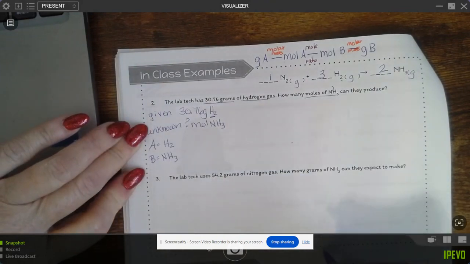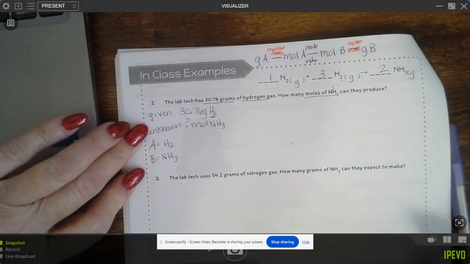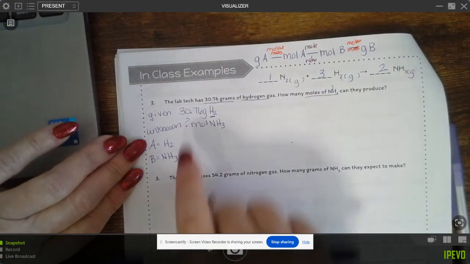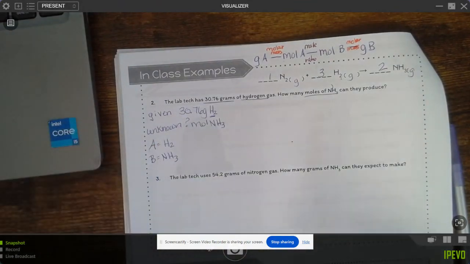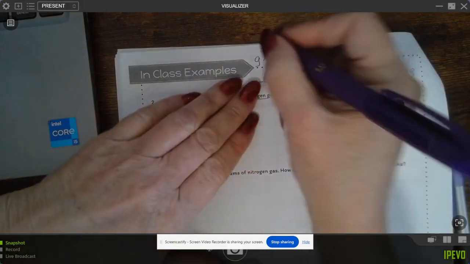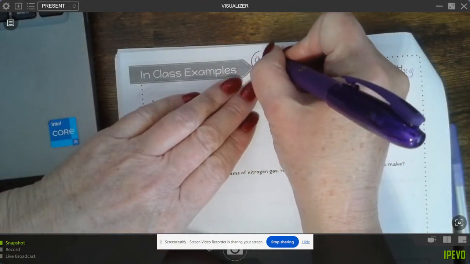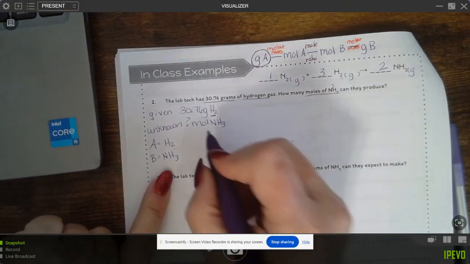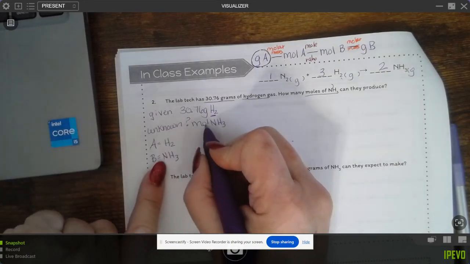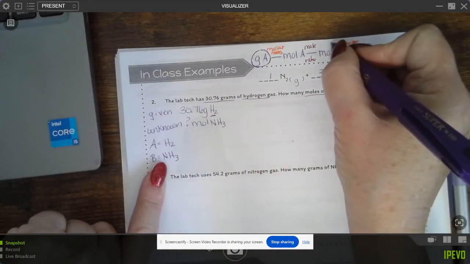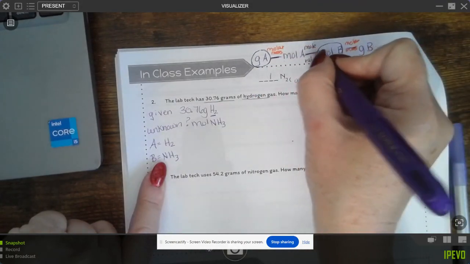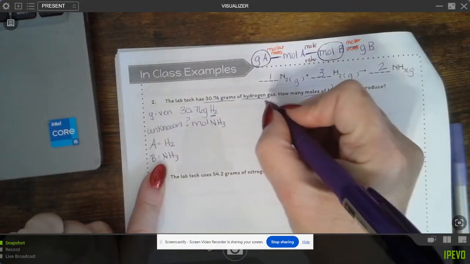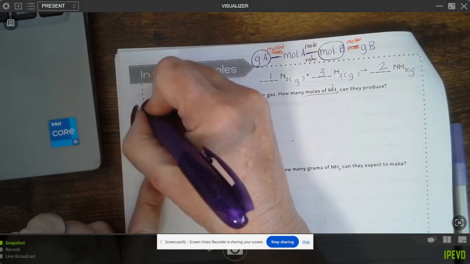So if we look at our mole map, we're starting at grams of A, so we're starting here, and we want to end up with moles of B. So we're ending here. So look at the dashes. There's 1, there's 2. So this is going to be a 2-step problem.